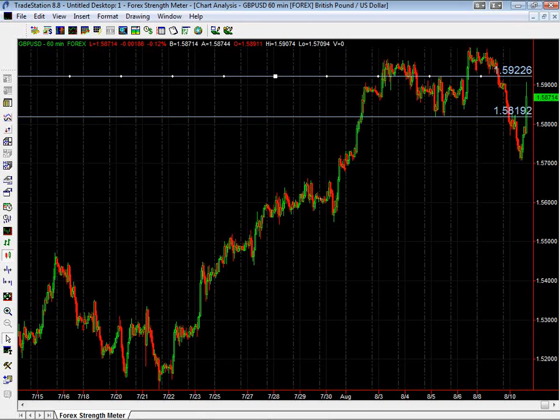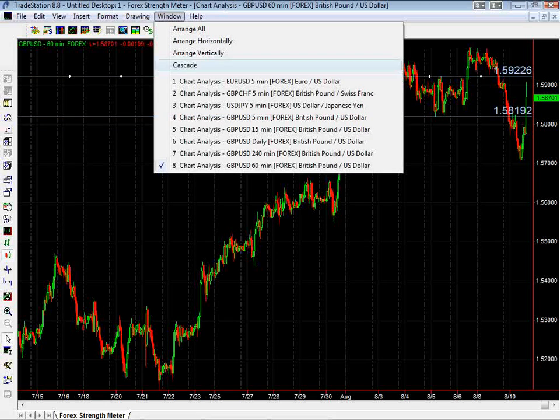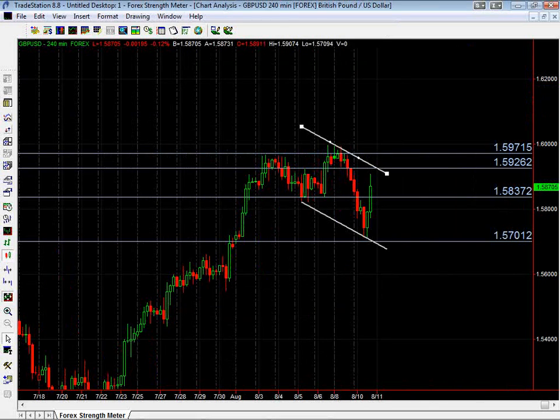Now I've made my entry. The next step is to have a decent stop loss and a decent take profit level. For that, I come down again to my 240 time frame chart.